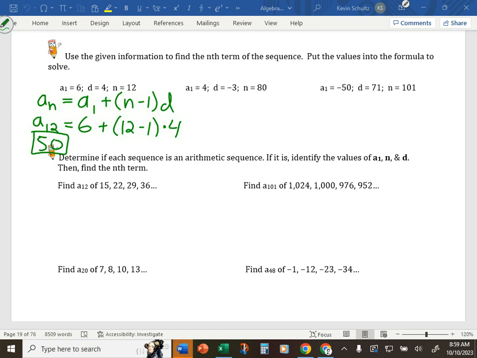The next one, A1 of 4, D of negative 3, N of 80. We're looking for the 80th term of a sequence that starts at 4 and subtracts 3 every single time. That's what's going on here. So our formula, A80... Oh, sorry, I'm not plugging them in yet.